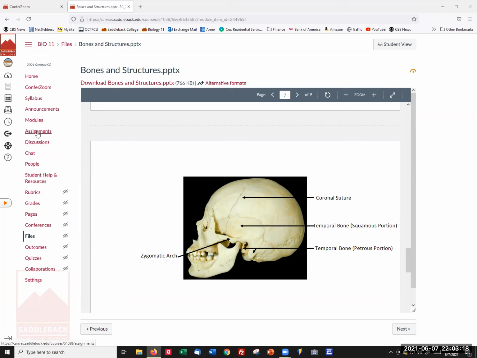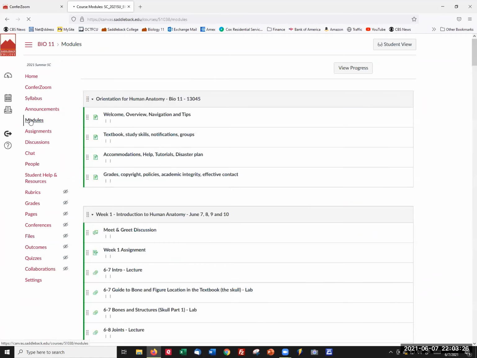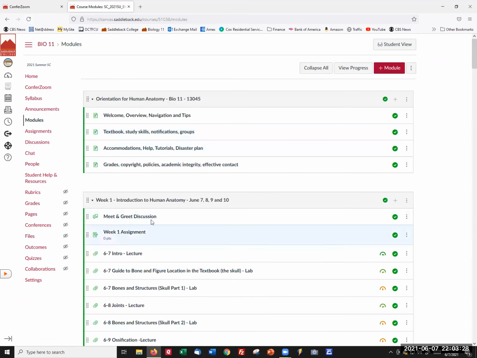You can get your assignments and discussions out of the modules, okay? But that's probably the easiest way. So you're looking at finishing the meet and greet, and then the chapter outlines, which I'm going to help you with right now.